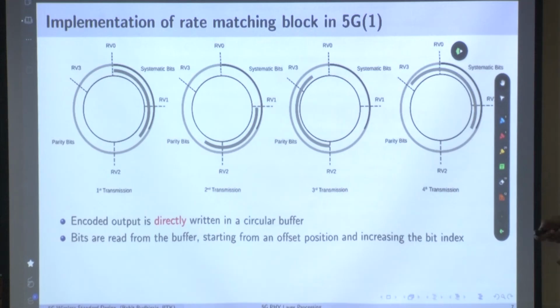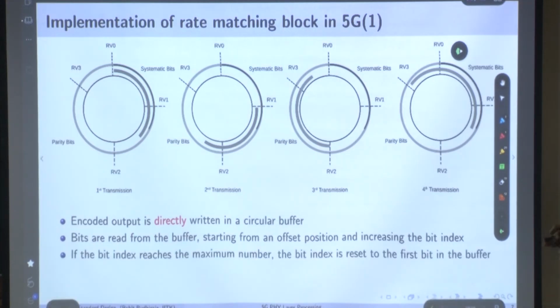Then when the NACK is sent, we are reducing the rate. If I send the same RV, I am not reducing the rate, I am increasing the SNR, because that is chase combining. If it is RV1, I am using the IR flavor of the hybrid ARQ. So nicely, everything gets done in the same block.